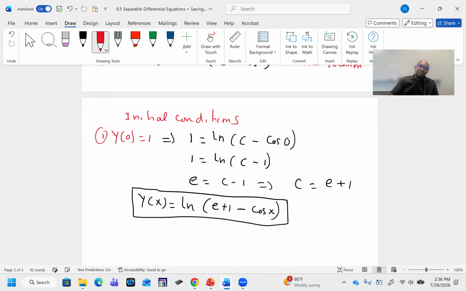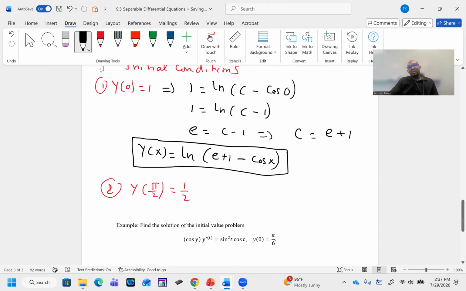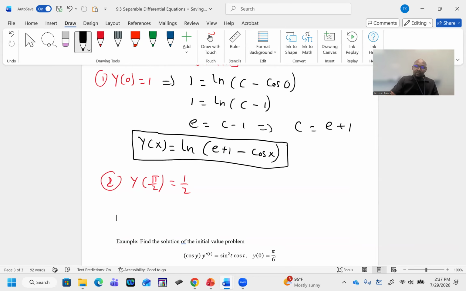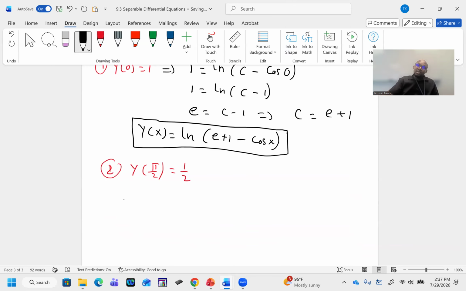For the initial condition 2, which is y of pi over 2 is equal to 1/2. This means y of pi over 2 is equal to 1/2.